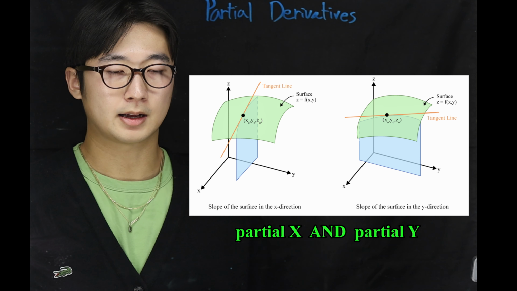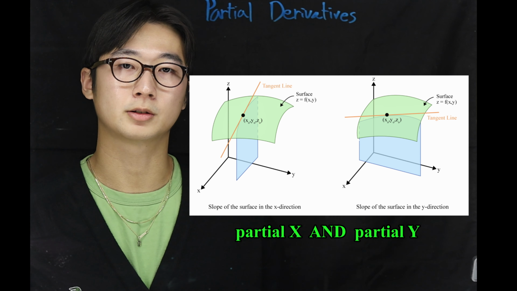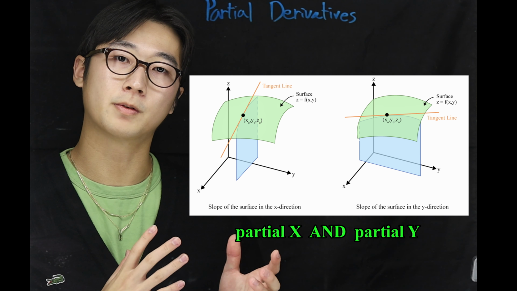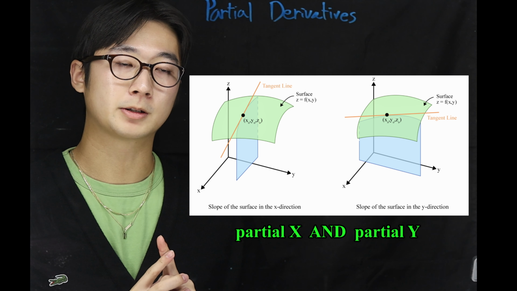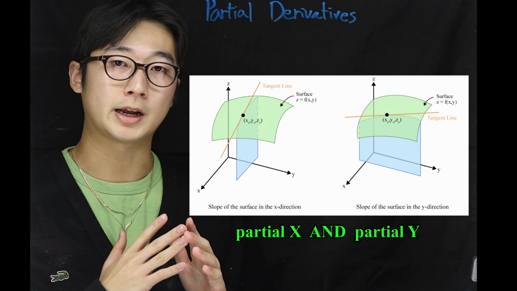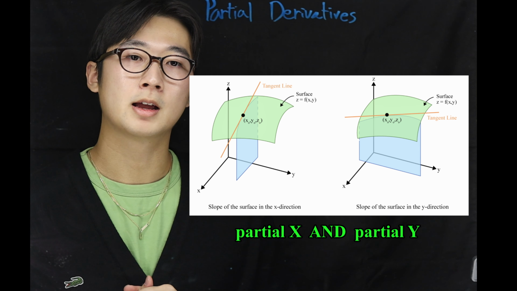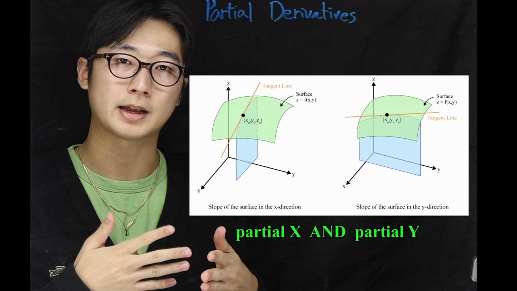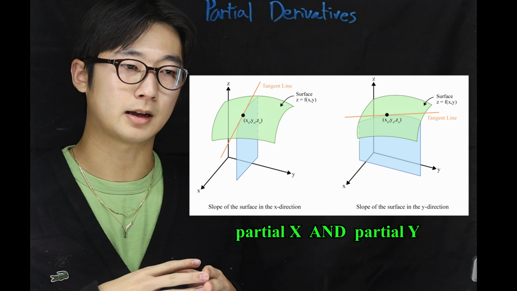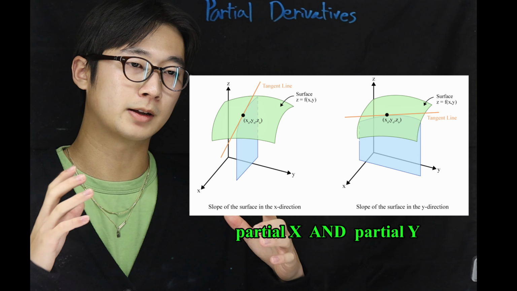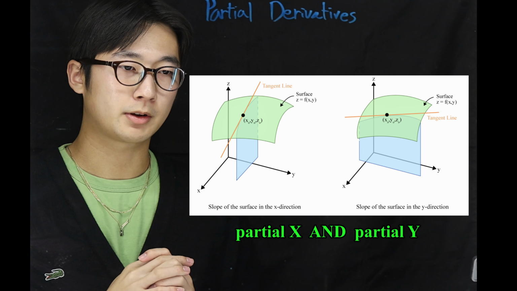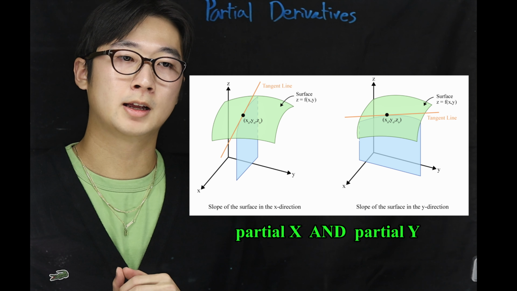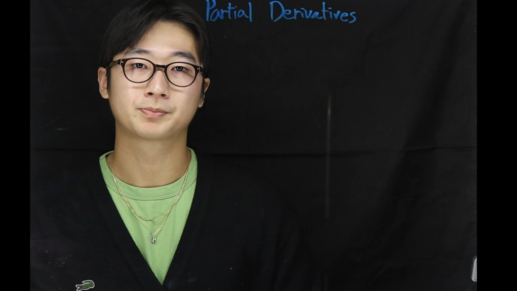So it is impossible to find one overall rate of change of the surface, but we need to split it in two directions, and we find the x and y directions, and we can look at them at the same time to see the overall interaction.